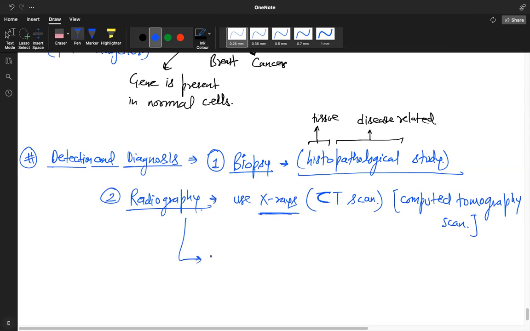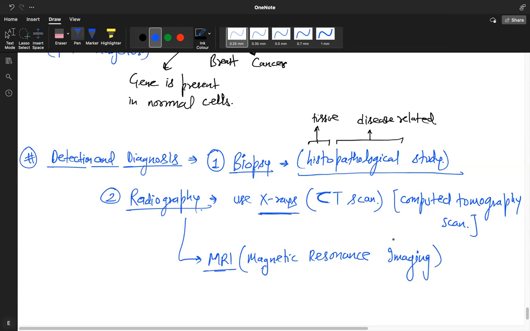Second is MRI. Have you heard of MRI? It's called magnetic resonance imaging. In this, magnetic radiations are sent inside the body. And on the basis of these, if there are cancerous tumors, you will get to know their signatures.